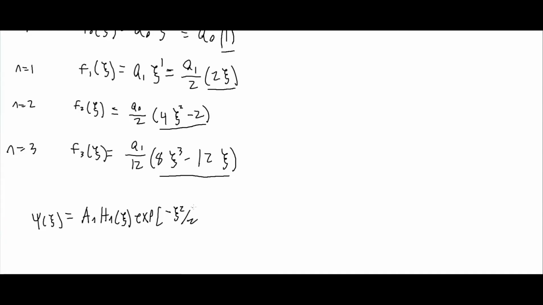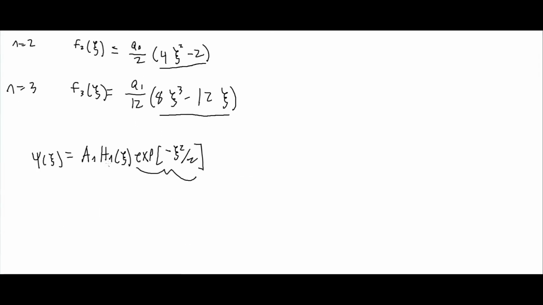And so we have now gotten to this point here. So we got this from looking at the behavior of our differential equation as xi went to very large numbers, as it went to infinity. And now we have just gotten this h sub n, which are our Hermite polynomials.